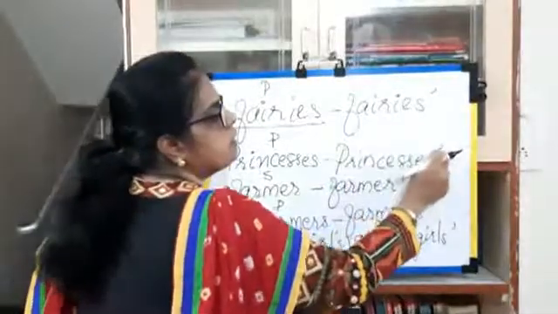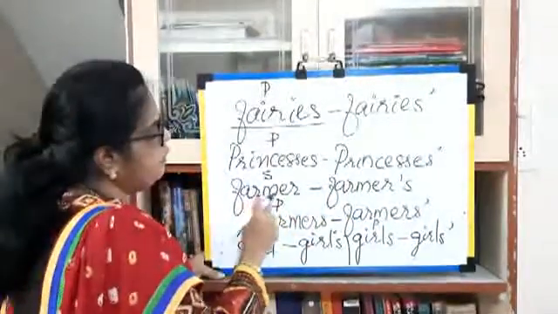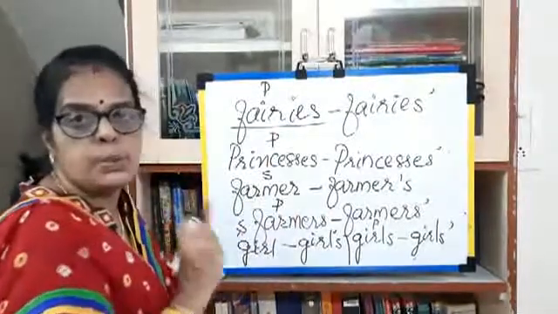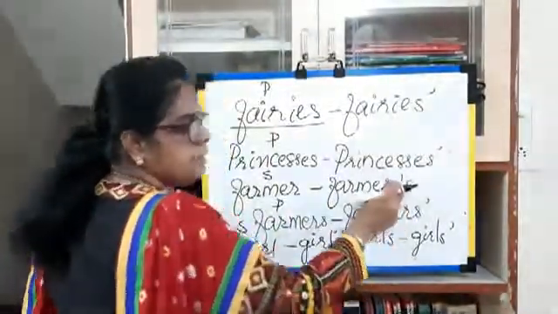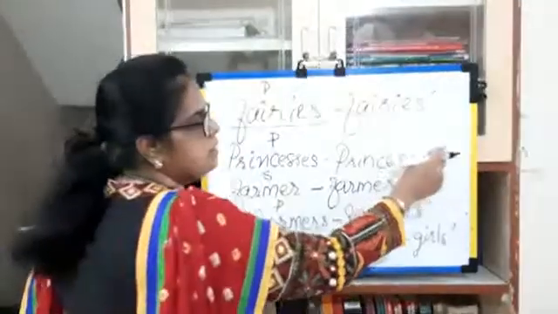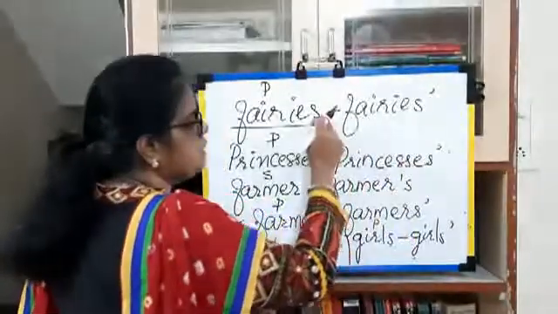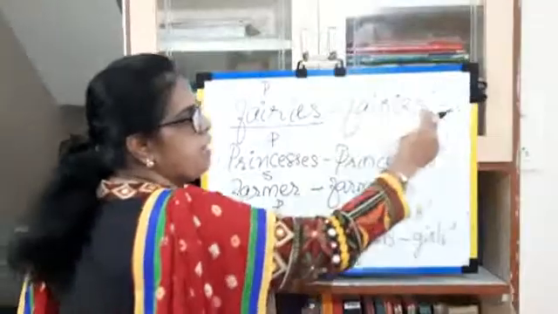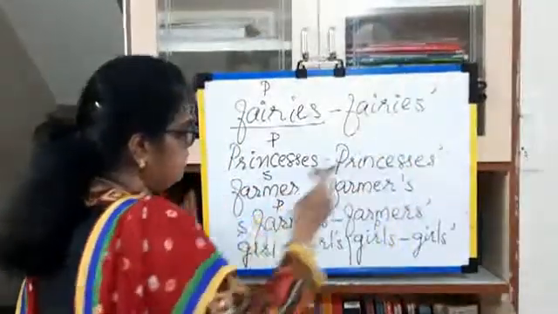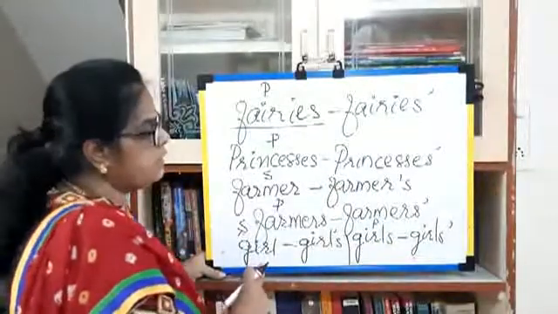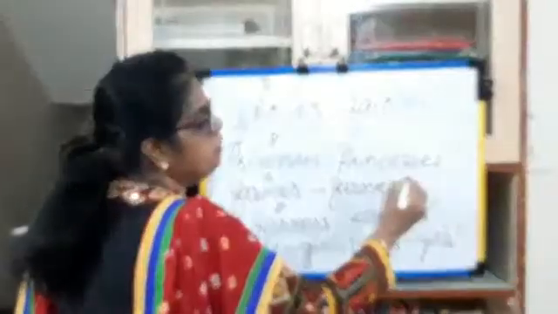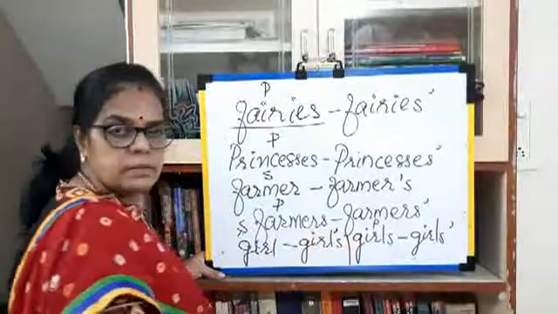We put it after the s. And farmer is a singular word. Where do we put the apostrophe? Before the s. Okay, these are the differences. See the difference? These are plural words, so we put it after the s. But farmer and girl are singular words, so we put it before the s.